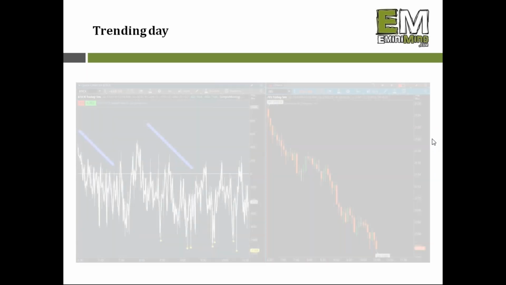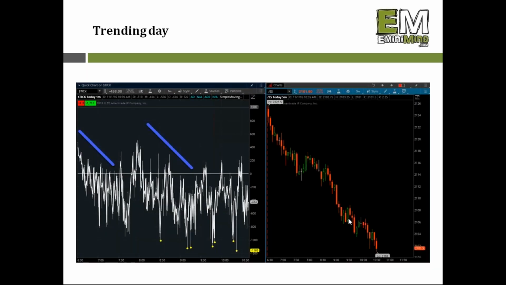But if we go to a trending day situation, now we see more of a trending price action in the NYSE tick. And so we have more lower highs and lower lows. In this case, a downtrend example, we are spending more time under the zero line than we are above the zero line.